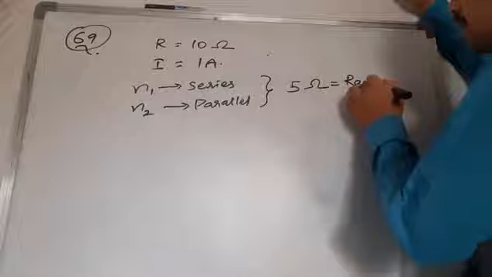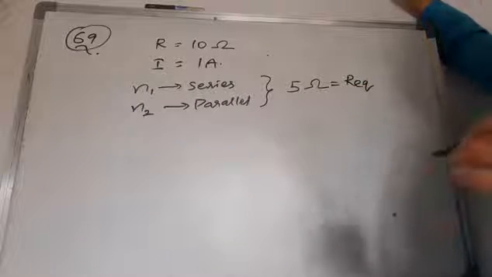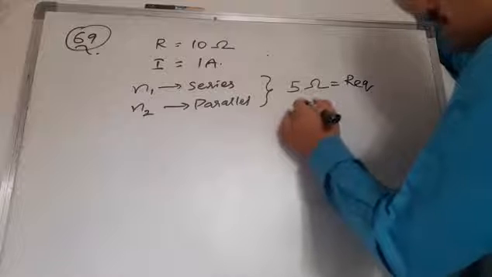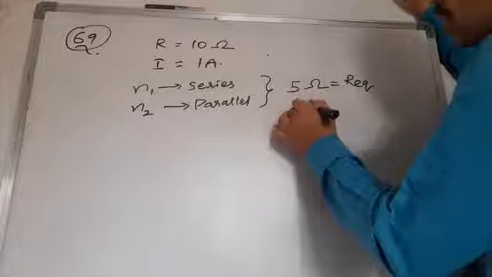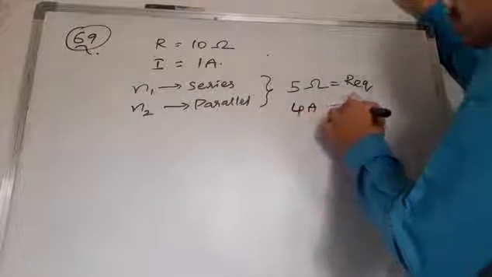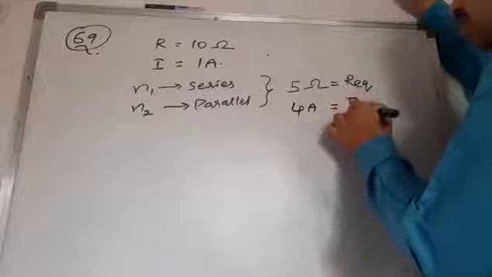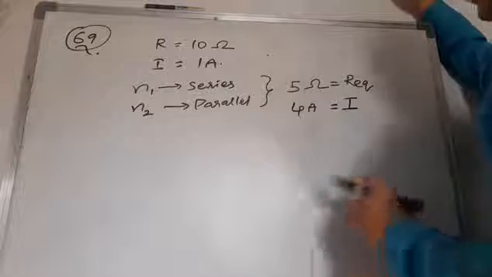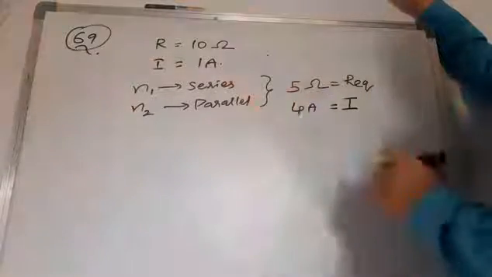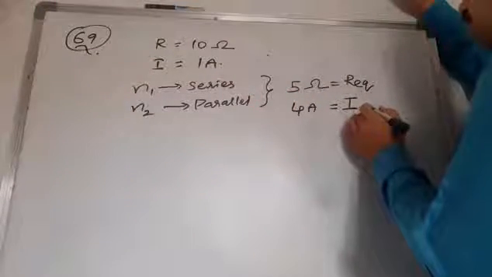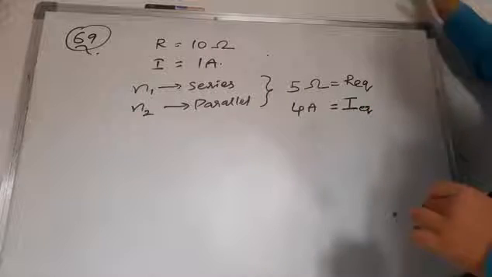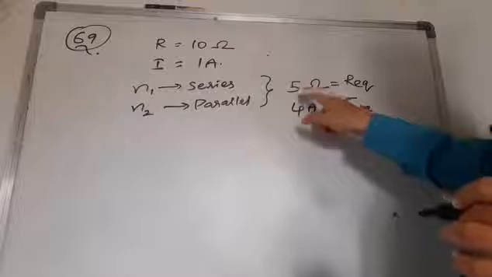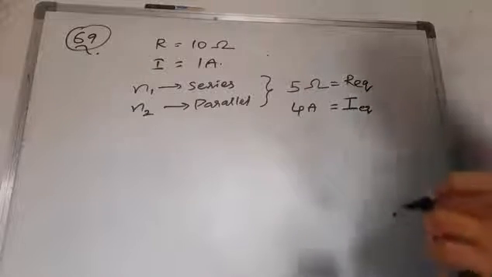The equivalent resistance should be equal to 5 ohms, and the current flowing through the total circuit should be equal to 4 amperes. So the total net current should be 4 amps, and the net equivalent resistance should be 5 ohms.